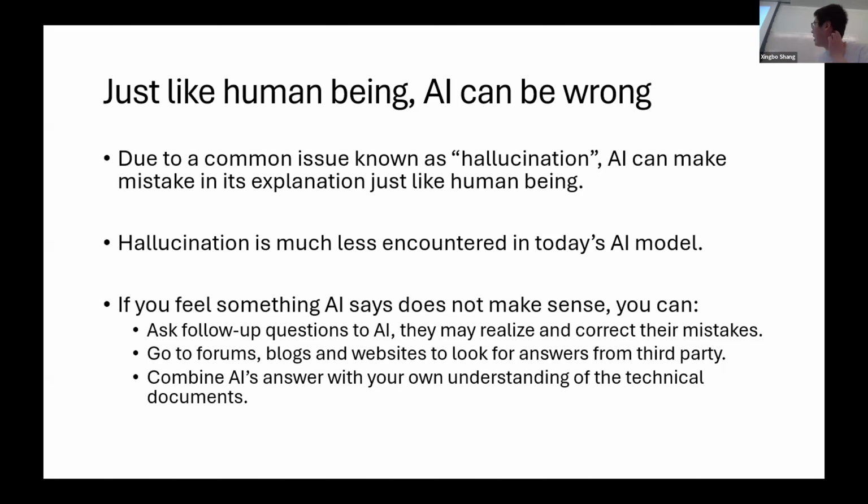Usually AI would be able to correct its own mistake through its own logic, or clarify. In many cases, I find that AI is not wrong, the technical document is not wrong, I'm wrong because I misunderstood both parts. And finally, combine AI's answer with your own understanding of the technical documents to form your own understanding. That's usually how you digest the answer from AI to make sure you fully understand it in the correct way.